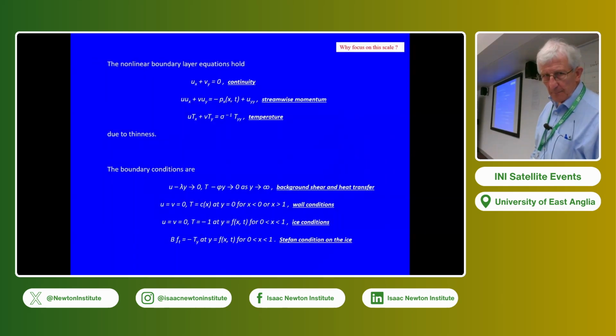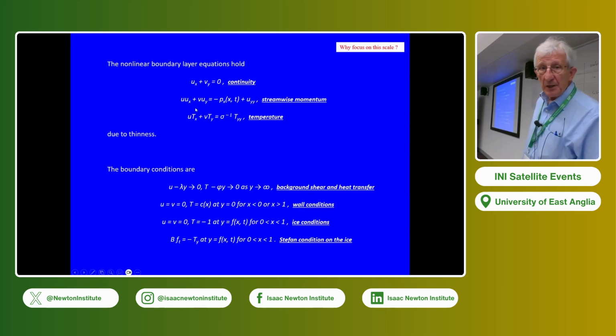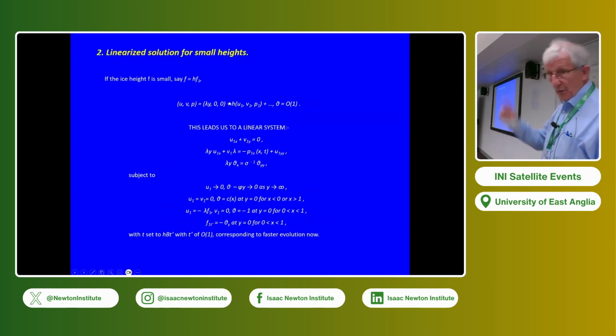So in this region we get the nonlinear boundary layer equations holding, as shown here: full continuity, streamwise momentum, and thermal equation. The du dt is absent because we're working on a slow time scale. The pressure, as usual in a thin layer, is independent of y, the normal.